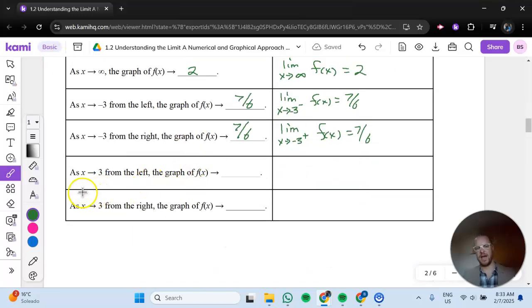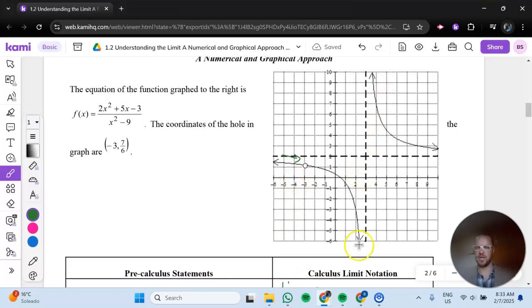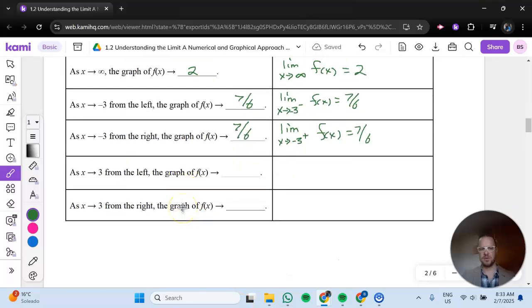All right, our next one's as x approaches 3 from the left, the graph of f of x, and if we go look up here, 3 is that asymptote. So from the left, it plummets down here, right, to negative infinity. And from the right, it jumps up to positive infinity. So when we're looking at this, as it approaches 3 from the left-hand side, it went to negative infinity. And as it went to 3 from the right-hand side, it went to positive infinity.